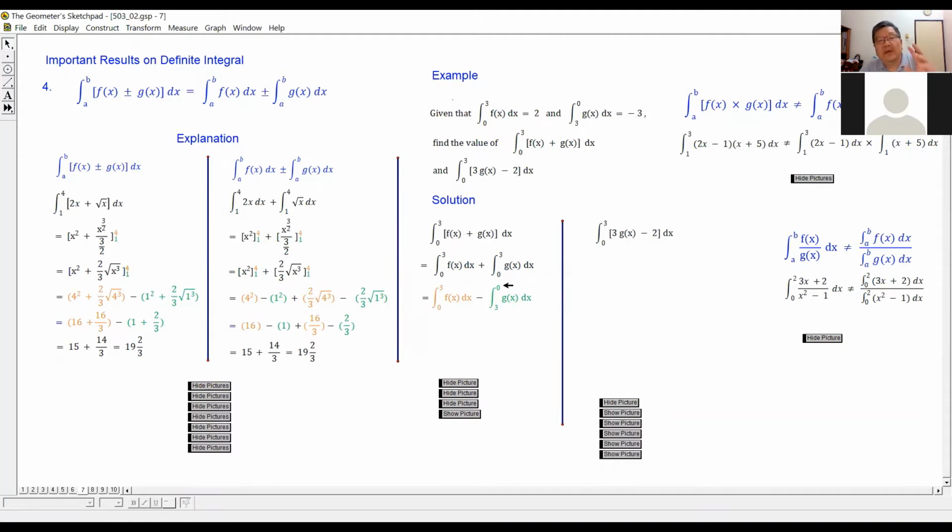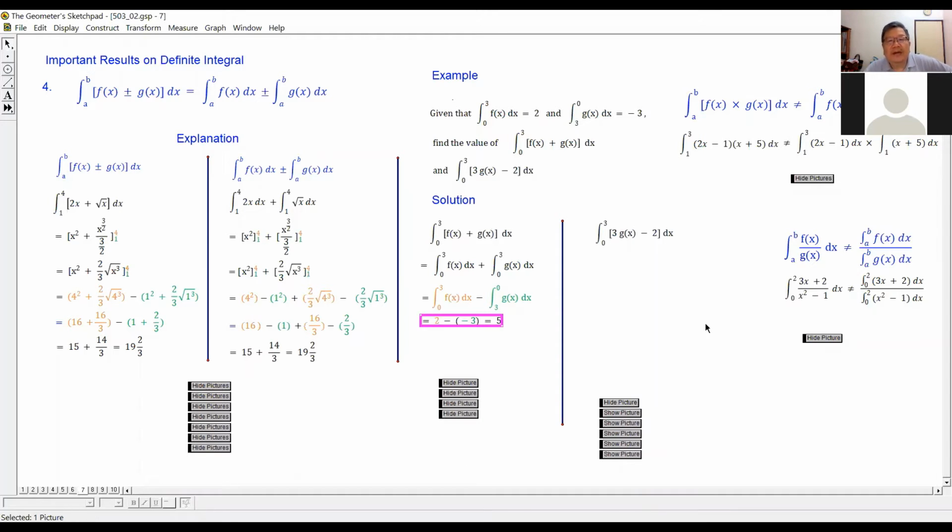You just put down 3 to 0, but you have to change the sign in front. This is the previous result that we have learned. If you invert the upper and lower limit, you have to change the sign. Can you remember or not?